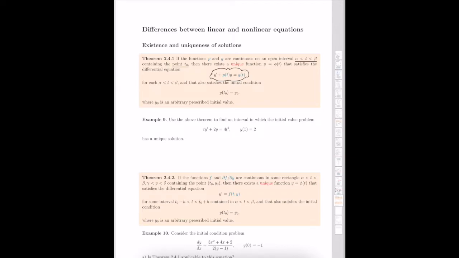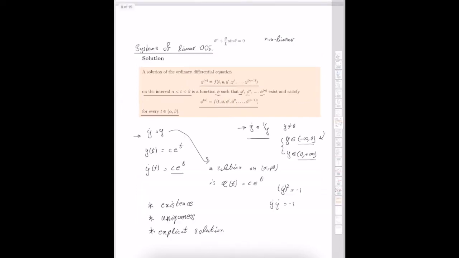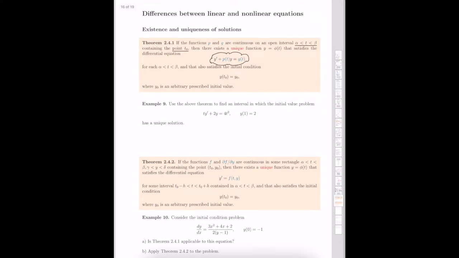You should notice that we're following the same notation as here, where we used phi. So there will be a unique phi that satisfies the differential equation. Well, yes, for sure, a solution should satisfy a differential equation, for every t between alpha and beta, and this is perhaps the important part.